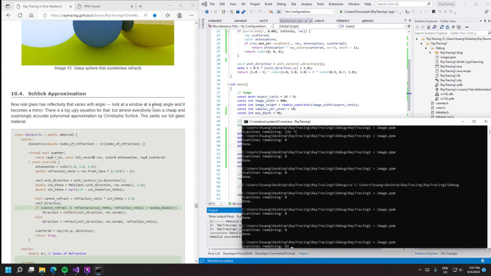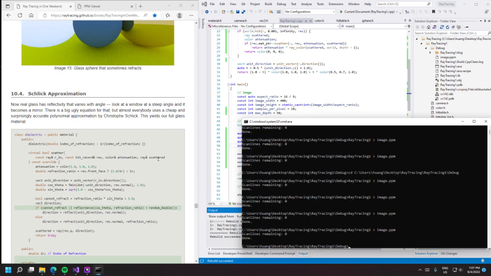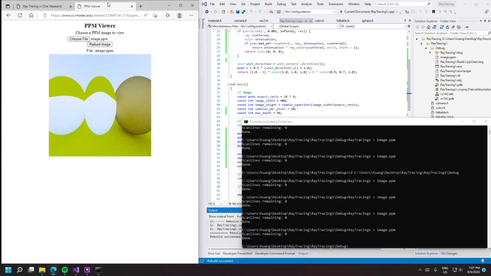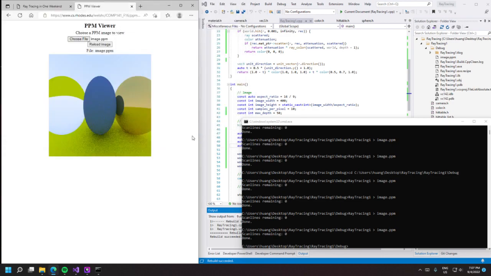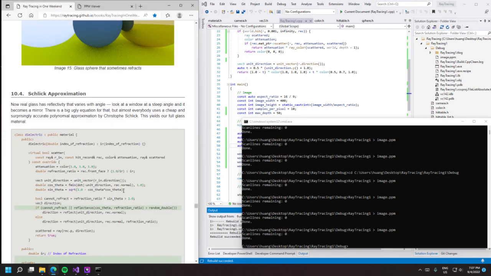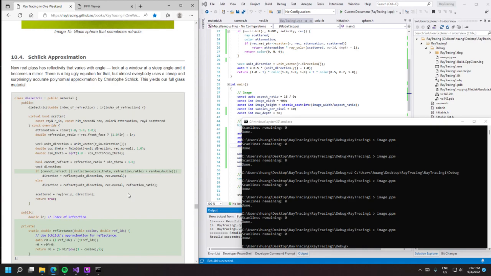Look at a window at a steep angle and it becomes a mirror. There's a big ugly equation for that, but almost everybody uses a cheap and surprisingly accurate polynomial approximation by Christophe Schlick. This yields our full glass material. Okay, so let's see this first and then let's make a better glass. It's very amazing that a polynomial can do it. Yeah, it's surprising to me.